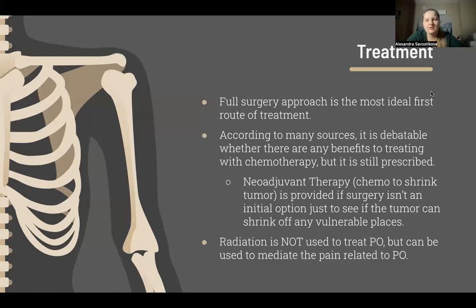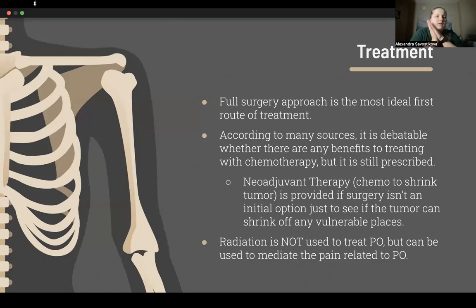And here's some other images. Okay. So we have our treatments. Ideally, the main goal would be just to go into surgery. If this is a case of a tumor that was caught early on and it hadn't metastasized, and we see that it is something that's localized and can be removed, all sources do state that they would just go in and remove it.